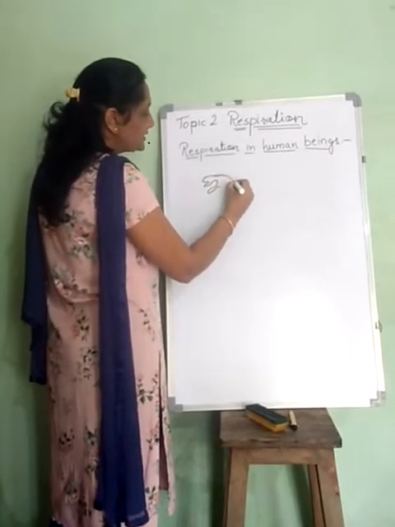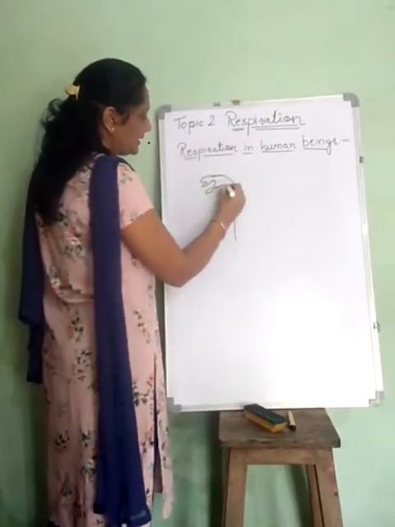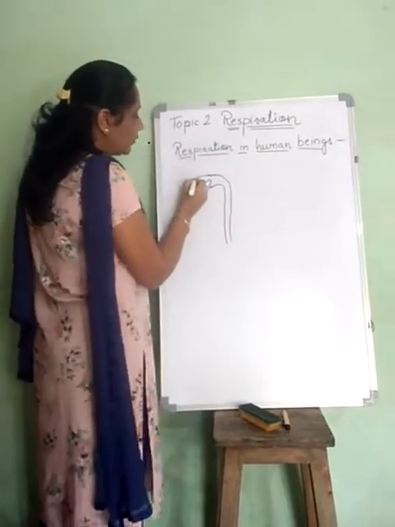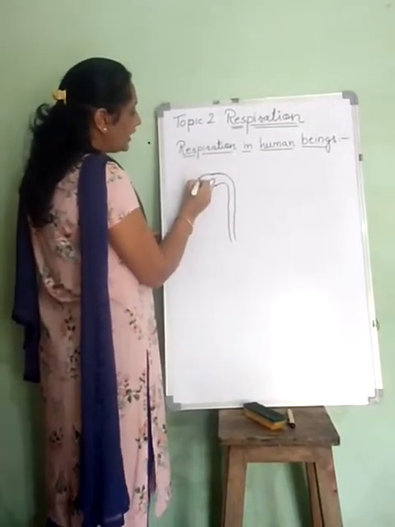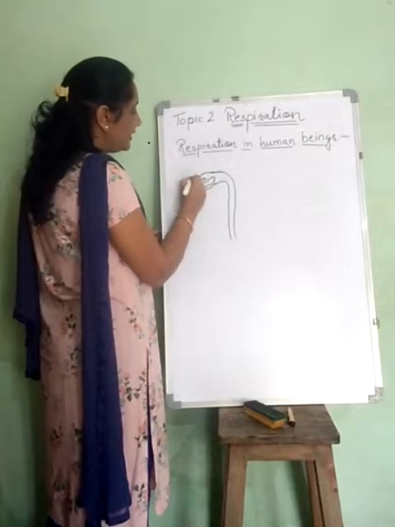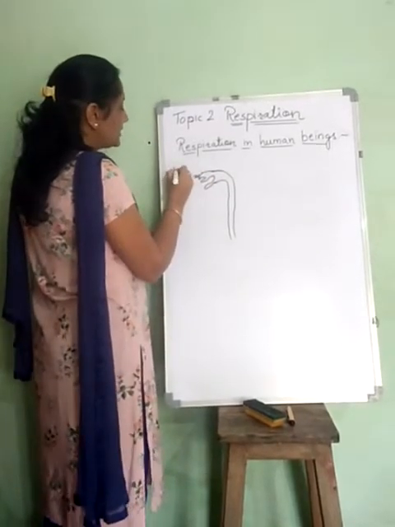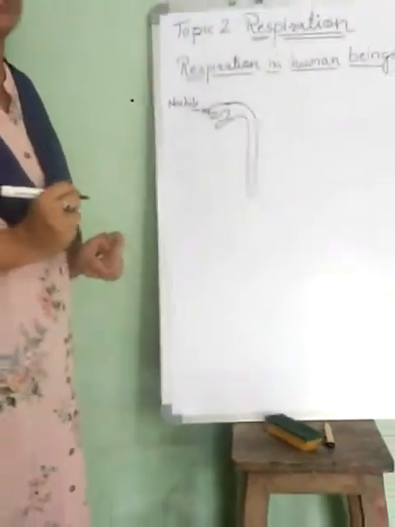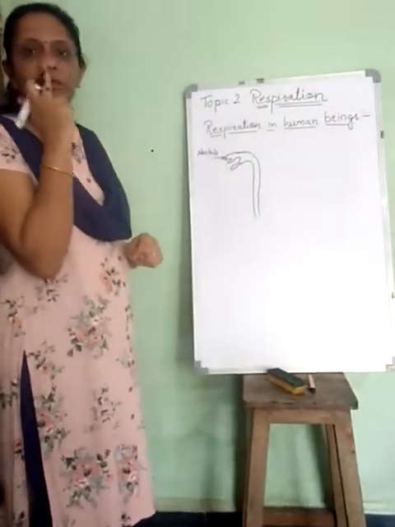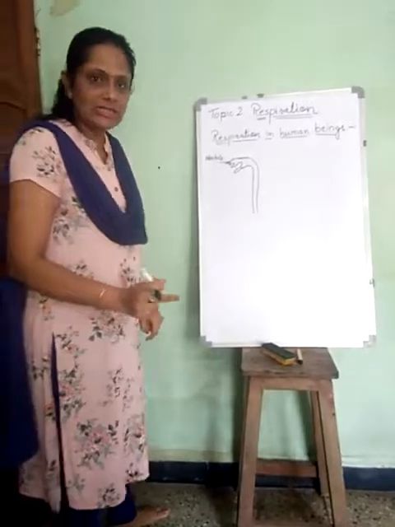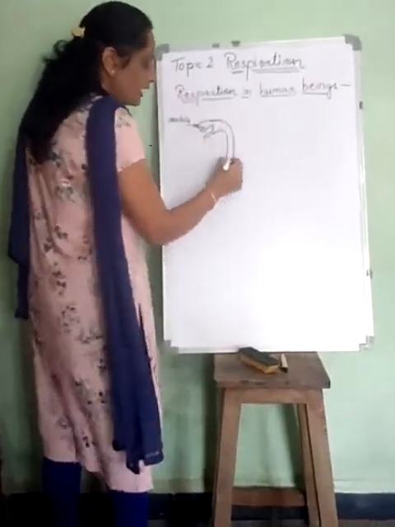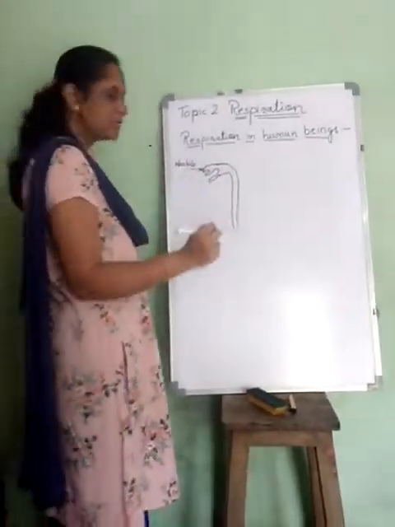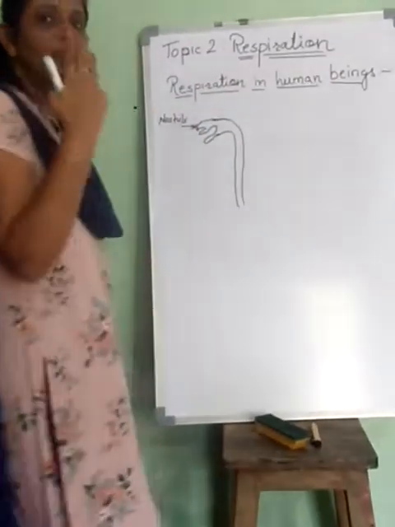This is the nasal passage, and here the small openings from where the air enters inside are called nostrils. These nostrils have a passage down, and this passage is divided into three parts.